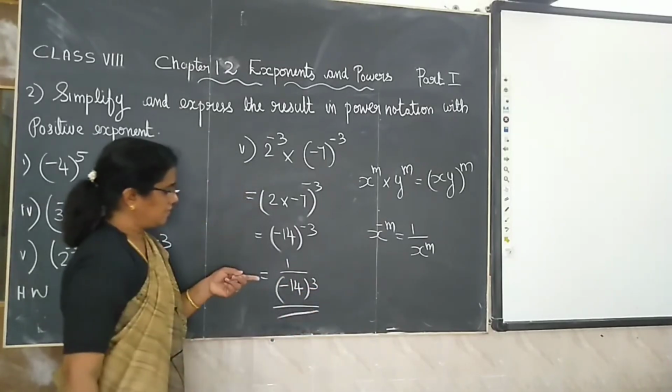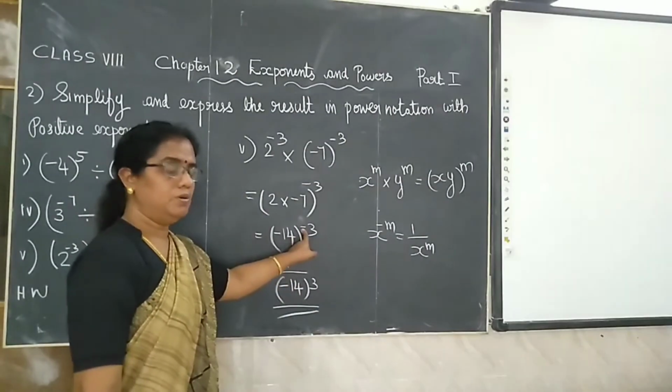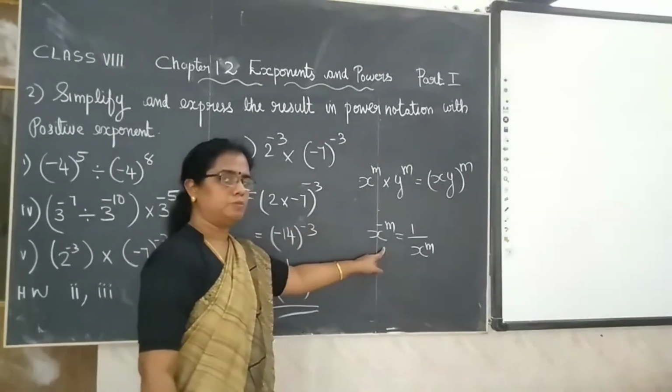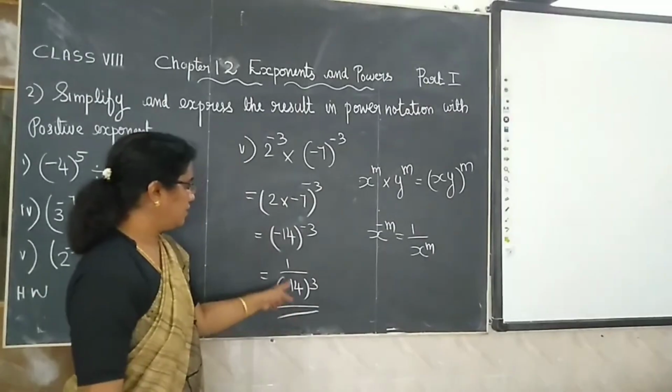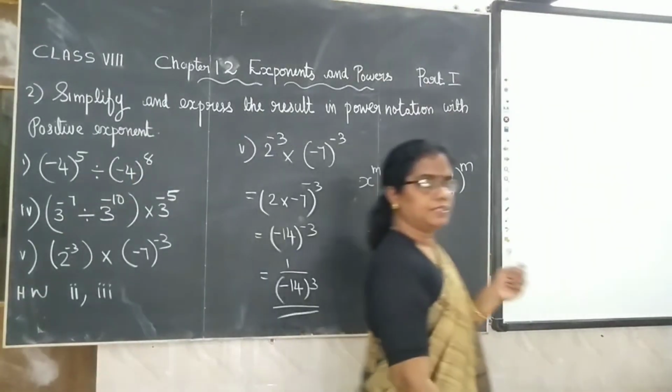That is the answer. First the power was negative; by applying this law of exponent we expressed it as positive. That is the third answer.